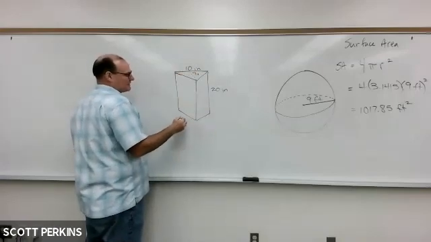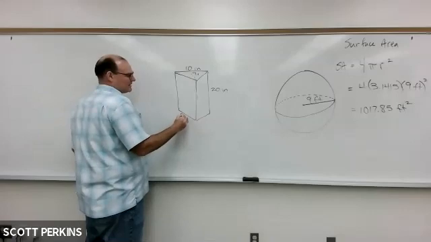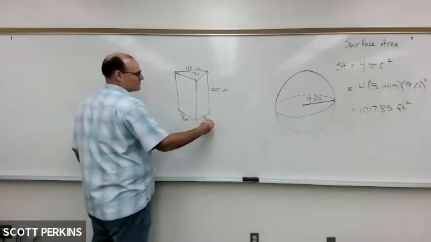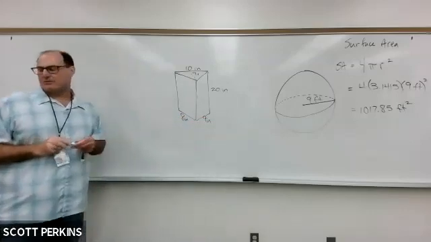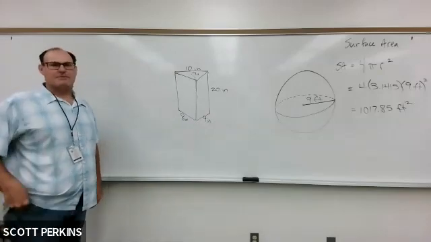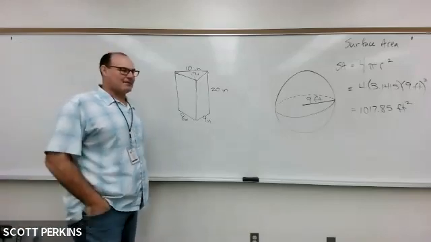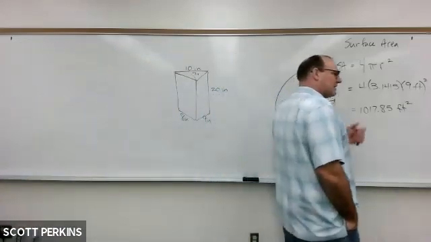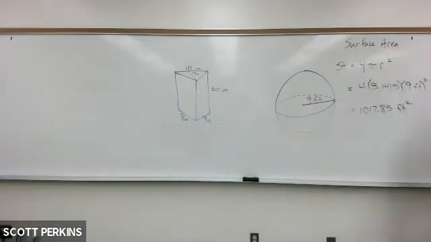So let's call this one 8 inches, and then this one 9 inches. We'll just keep all the measurements kind of right there. So I'm going to give you a second to draw that prism and label the appropriate things. And then what we're going to do is find the surface area.